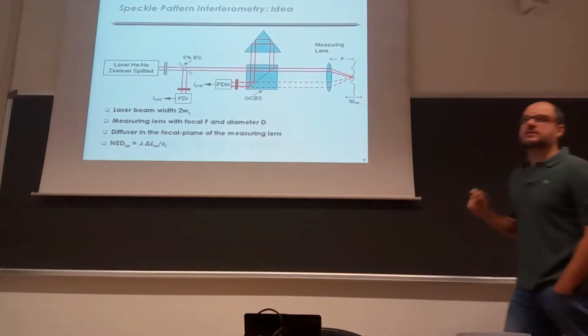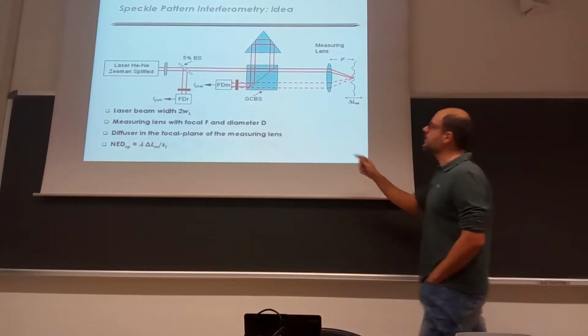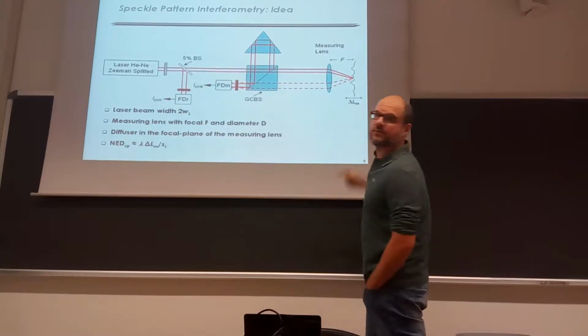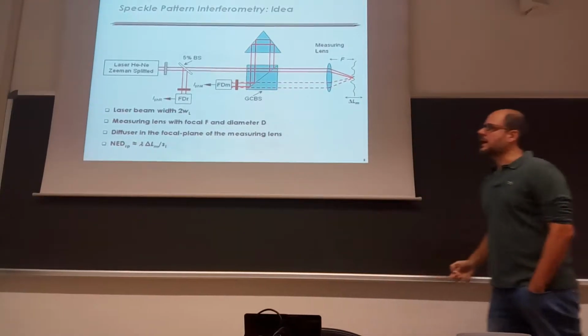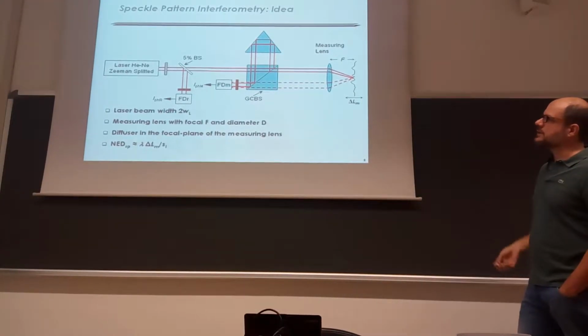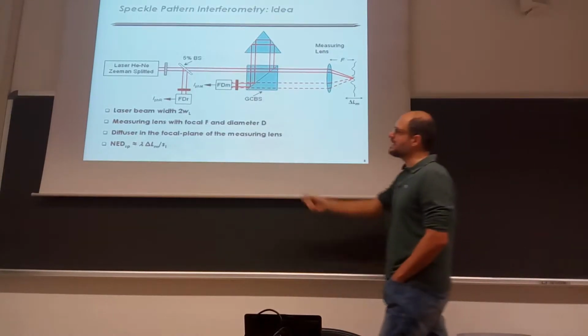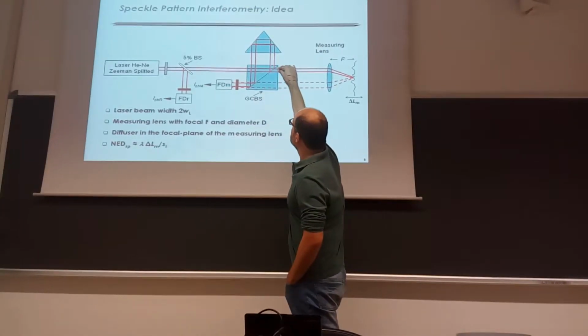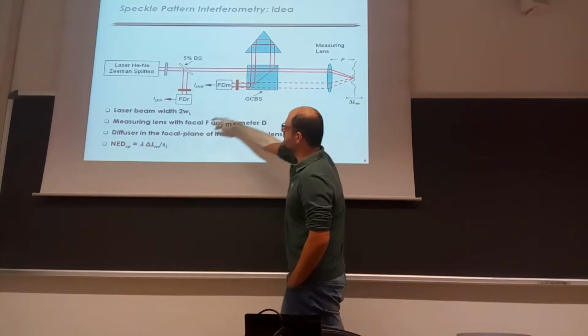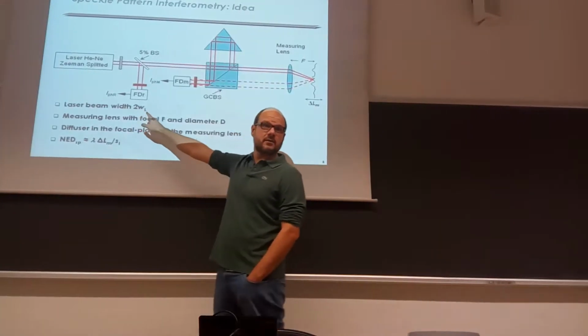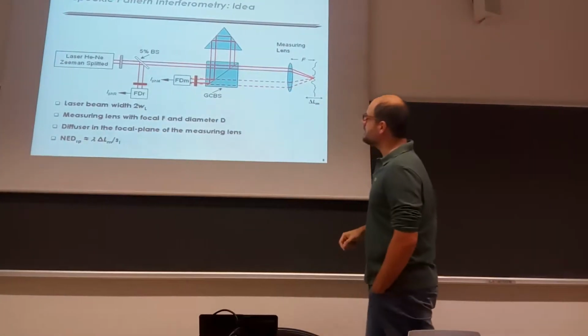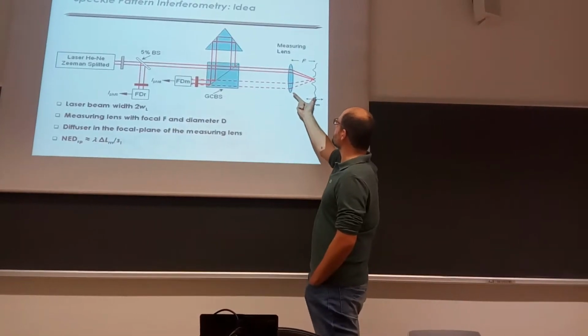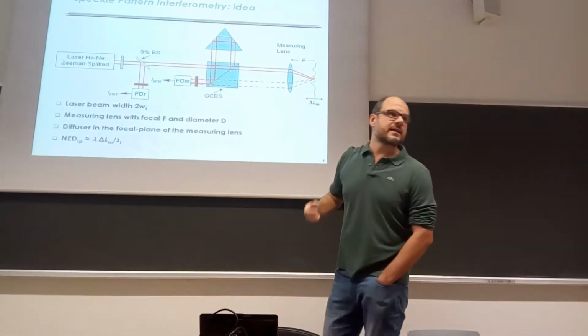This is the important point, because now we have to focus light onto the diffuser. To understand what happens, we can say that the diameter of the incoming beam is 2WL, and that we have used a lens that has a particular focal length.